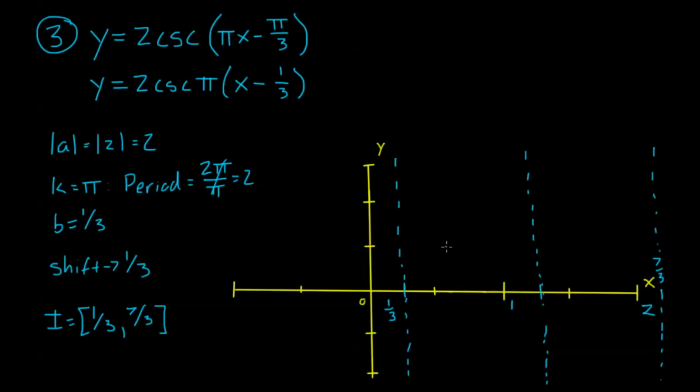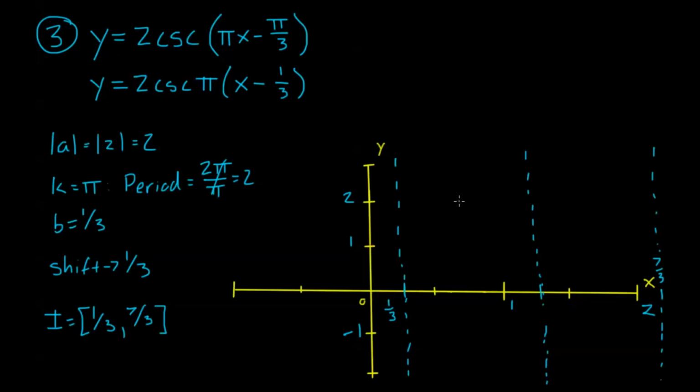Now I have an amplitude of 2, so let's call this 1, 2 on my graph. That means that whereas with sine, the amplitude meant that's the furthest away it got, with cosecant and secant, amplitude means that's the closest to that center horizontal axis that you get. Right? I'm basically taking that base graph of cosecant and I'm multiplying it by 2. So it's getting further away, isn't it?